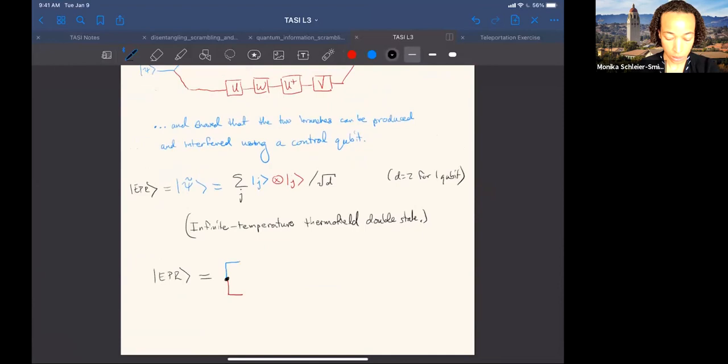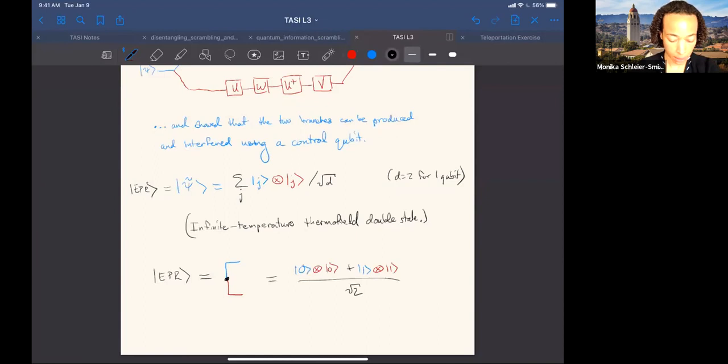If it's just a single qubit, this would be representing 0 cross 0 plus 1 cross 1 over root 2. Okay, so that's just notation.